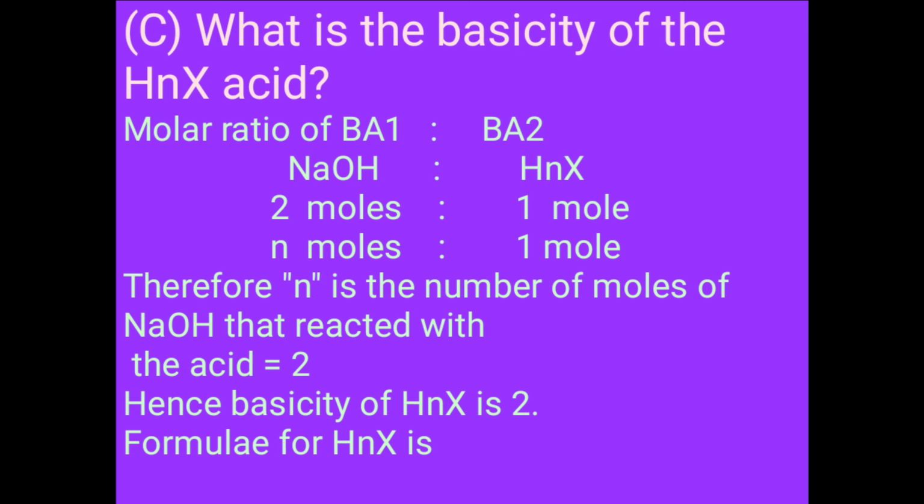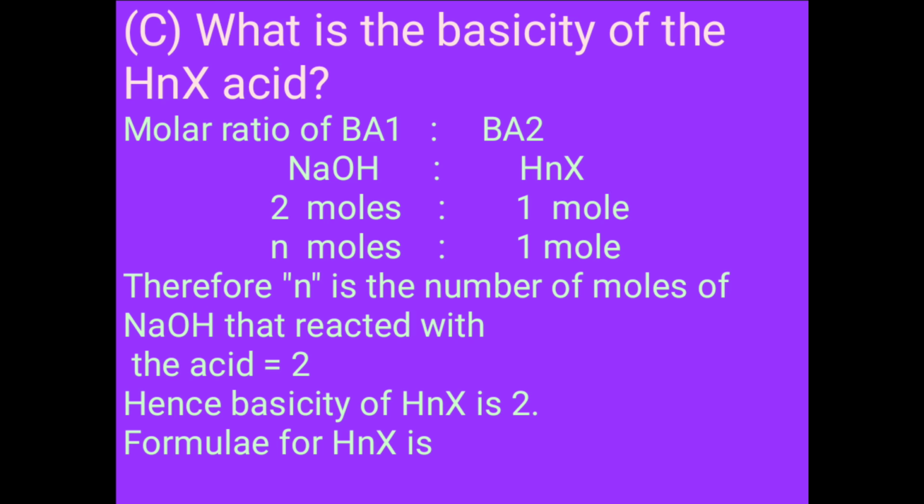But even if we don't know the basicity, so long as we know the number of moles of sodium hydroxide reacting with the acid, those moles will be representing the basicity. So therefore the basicity of HNX acid is 2.